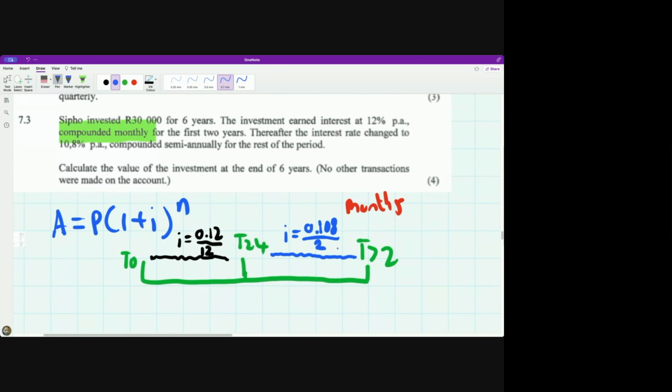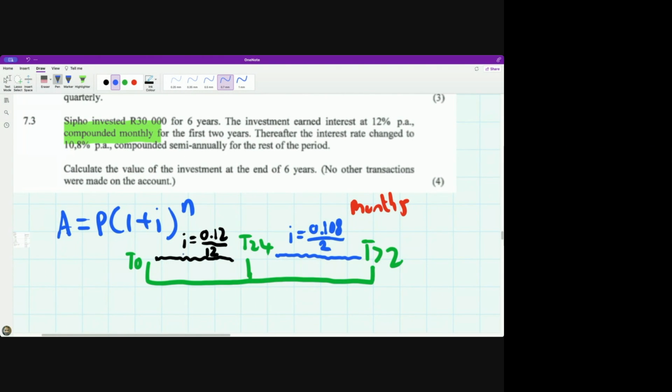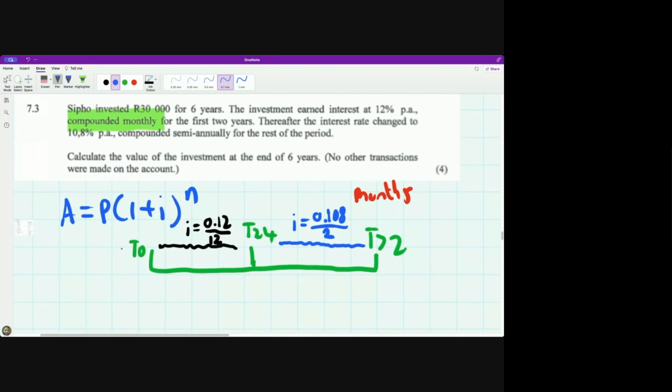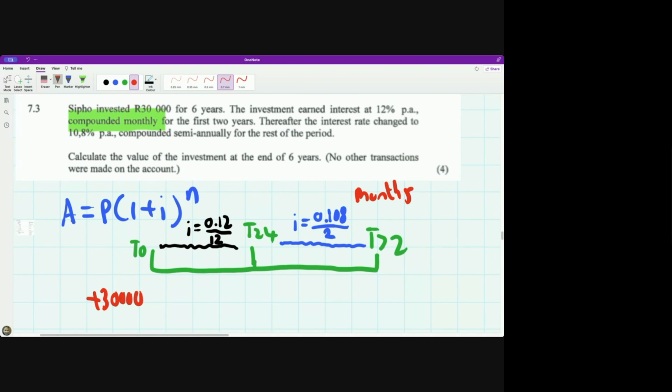Now, I haven't actually started the question, but what I've done is I've set out a timeline that tells me, look, the first 2 years, which is the same as 24 months, has that interest rate. The next part, the next however many months to go from here to here, is at this interest rate. I know what formula I have. So what I'm going to do is I'm going to write plus 30,000, which is how much money I'm starting out with.